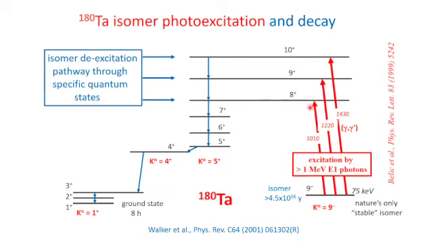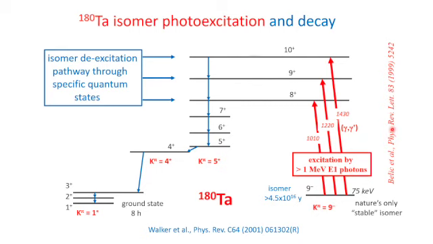So there's a natural understanding of these resonance energies. They go through specific quantum states and decay back to the ground state. There's a lot one can learn from this in terms of the K quantum number.